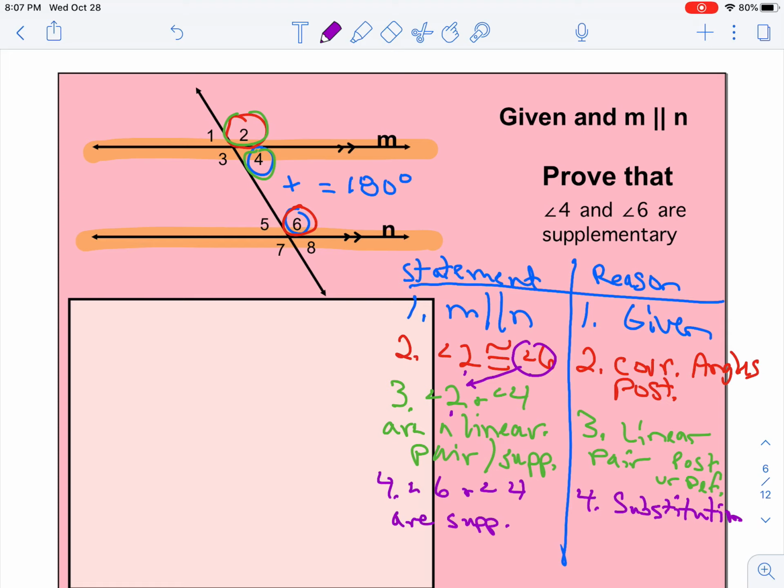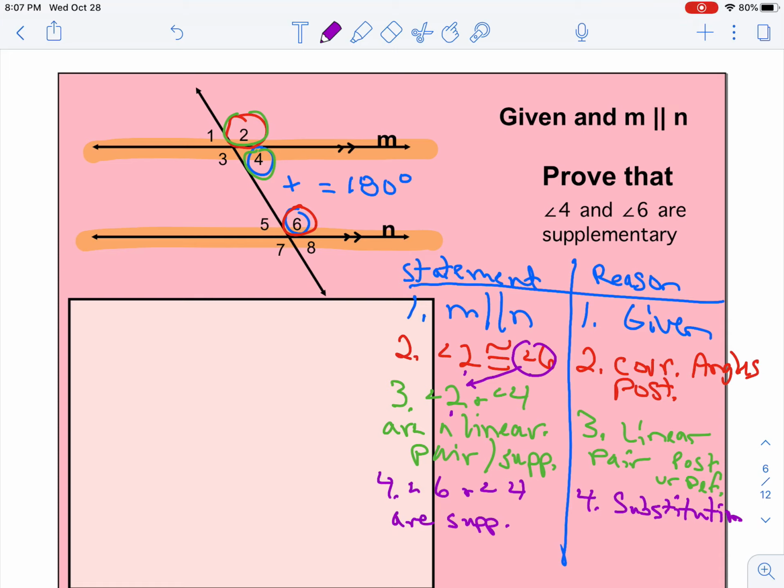And, you know, you could do this proof many different ways. You could actually put angle 2 plus angle 4 equals 180, etc., and then substitute and set the 180s equal to each other and use a subtraction property of equality. So there's many different ways to do these proofs.